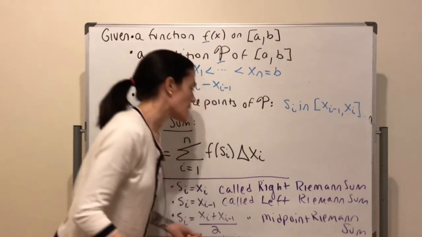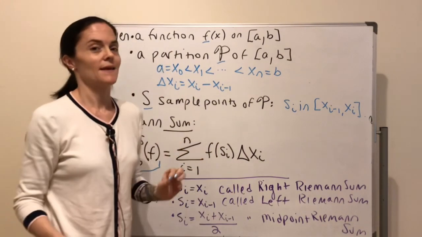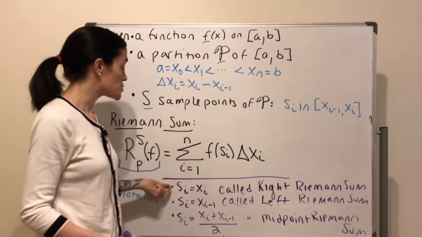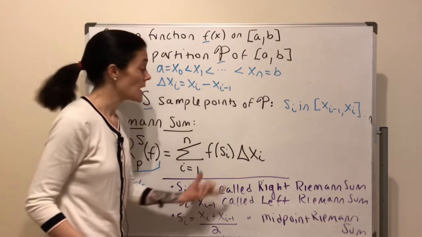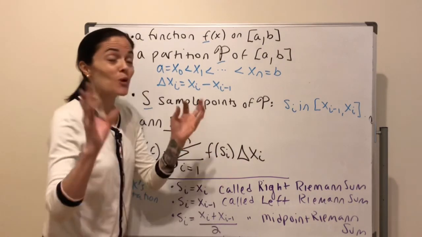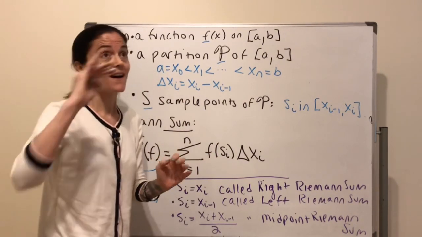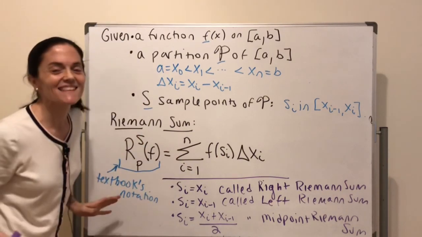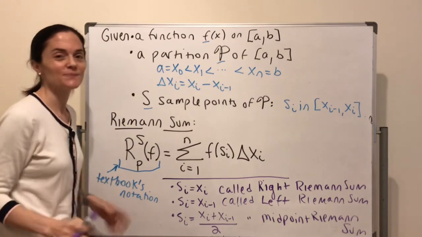And these three are the most common that we see and that we will practice: the right, left, and midpoint Riemann sum. And it's really telling you which points to evaluate your function at, which points to make the heights of the rectangles. So now, before we do anything else, let's do some examples.